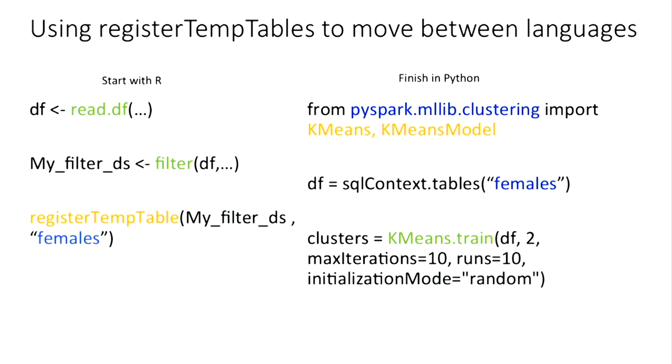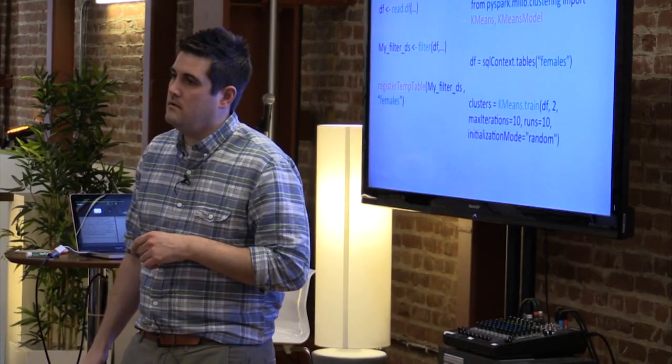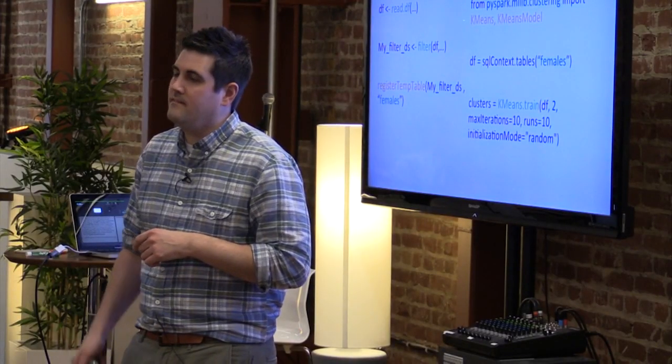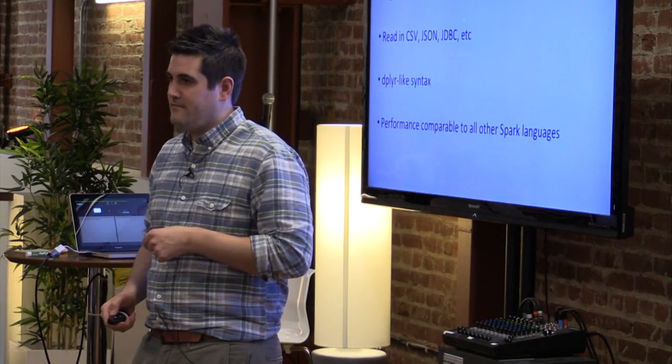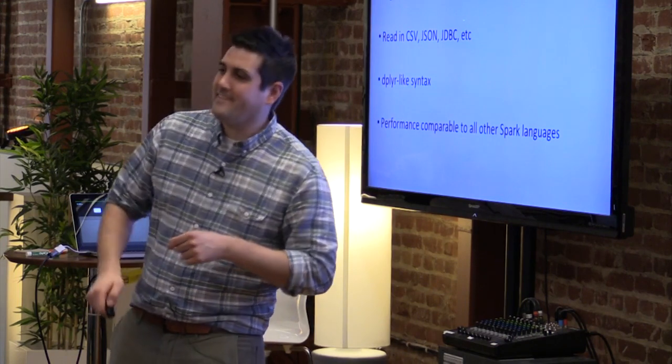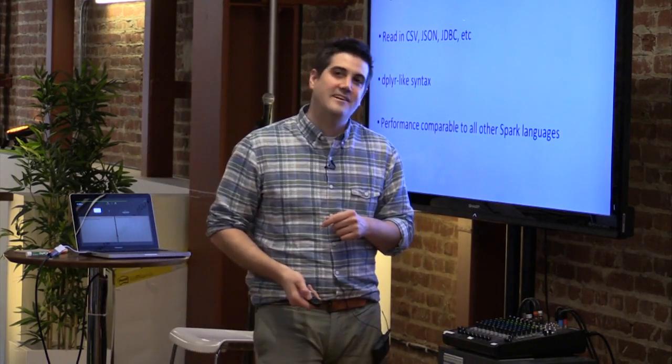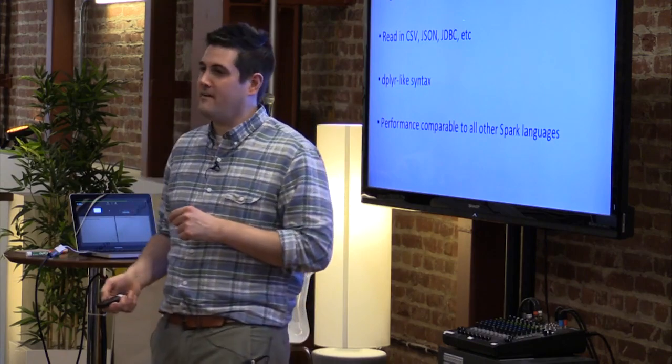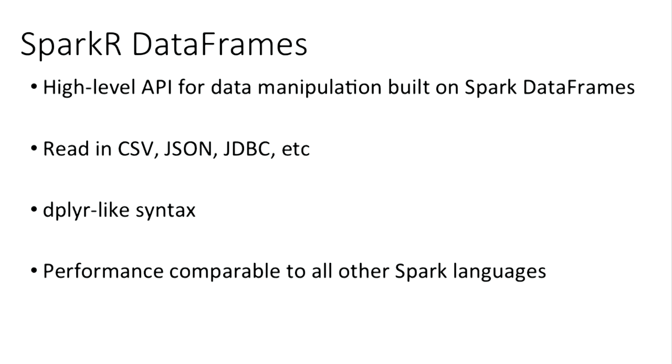So, in addition to this, is there any work being done to integrate SparkR with these tools like dplyr that currently exist? Okay, so, great lead-in. Yes, SparkR has a dplyr-like syntax, and they are trying to make it look a lot like dplyr. So if you're familiar with that, you're going to pick up SparkR and just go.